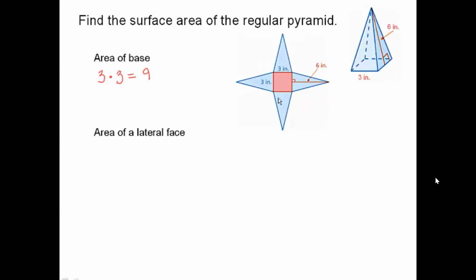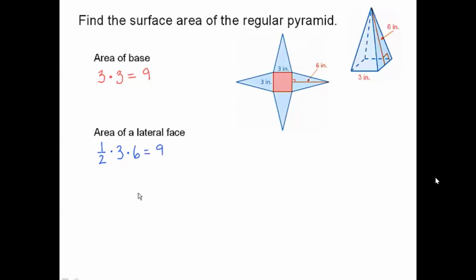Remember, the lateral face is a triangle. So to find the area of a triangle, we have 1/2 times the base, which is 3 inches, times the height, which is labeled as 6 inches. So we have 1/2 times 3 times 6, which gives us 9.